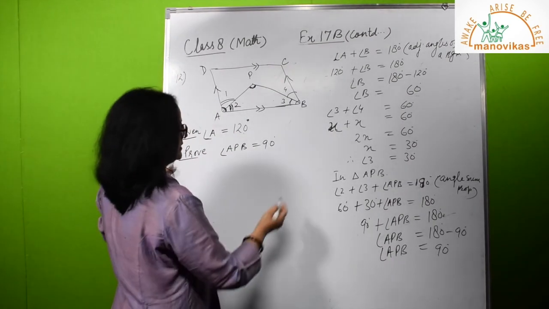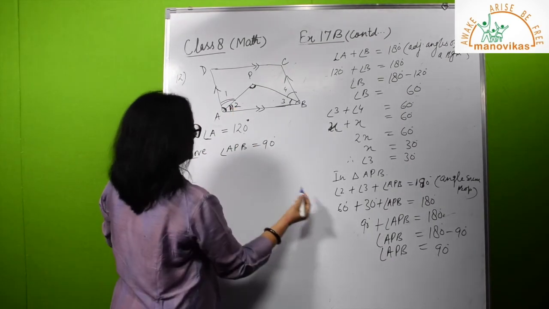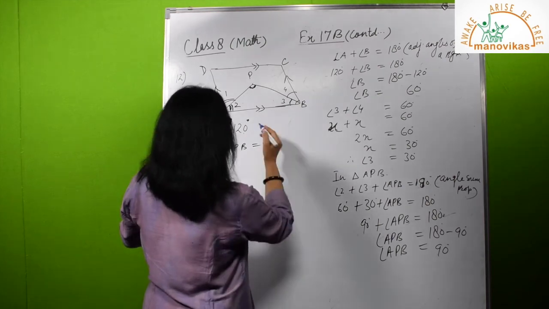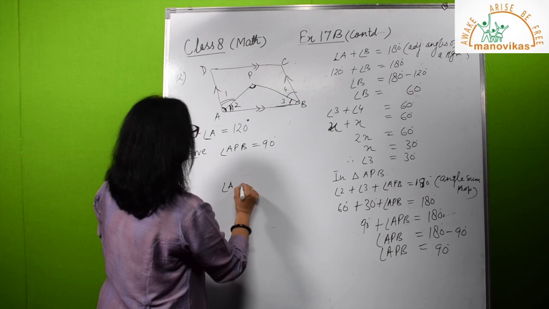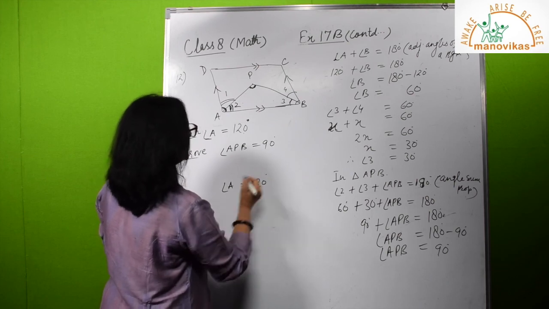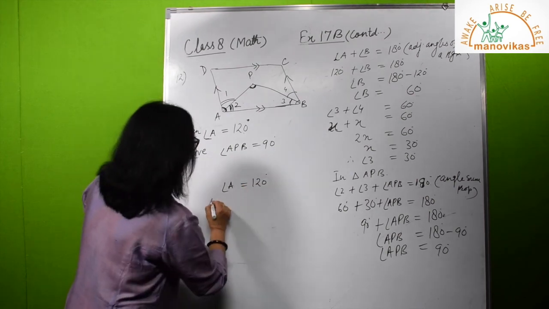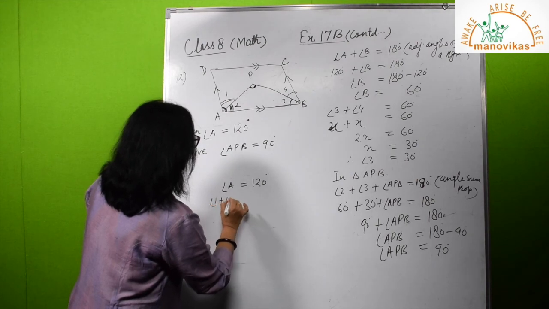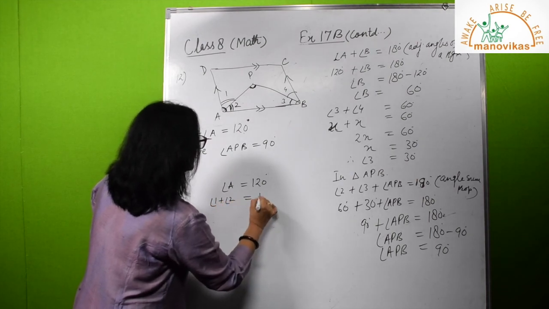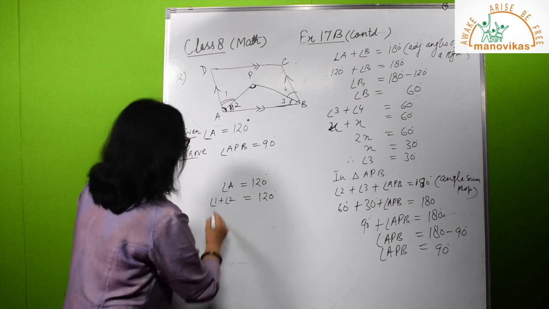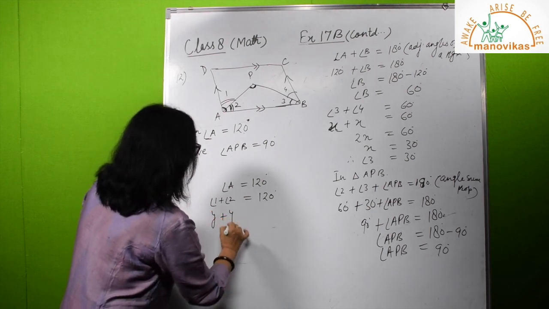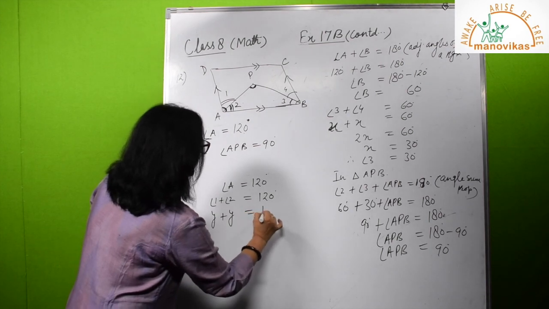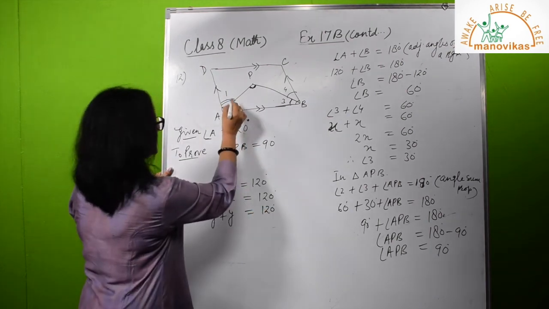Okay. So for this angle, I forgot to write the reason here. Angle A is equal to 120 degree, and angle A is divided into two equal parts, angle 1 and angle 2. This is equal to 120 degree. Suppose angle 1 and angle 2 both are equal, so we are taking both of them as y, because both these angles are equal.